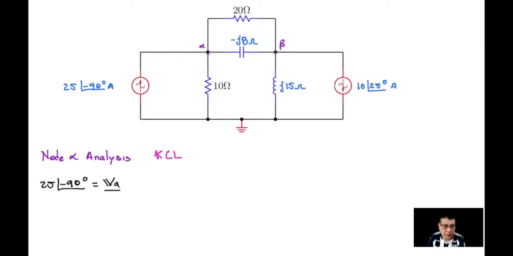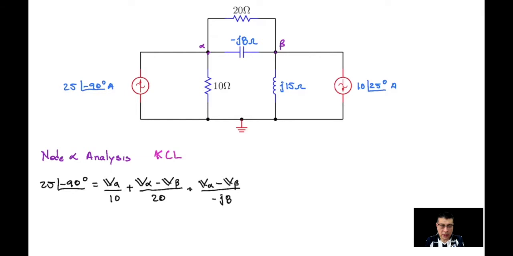For example, V alpha over 10. Then I have V alpha minus V beta, sorry, over 20. Then I'm going to have V alpha minus V beta over minus J8. And that's it.